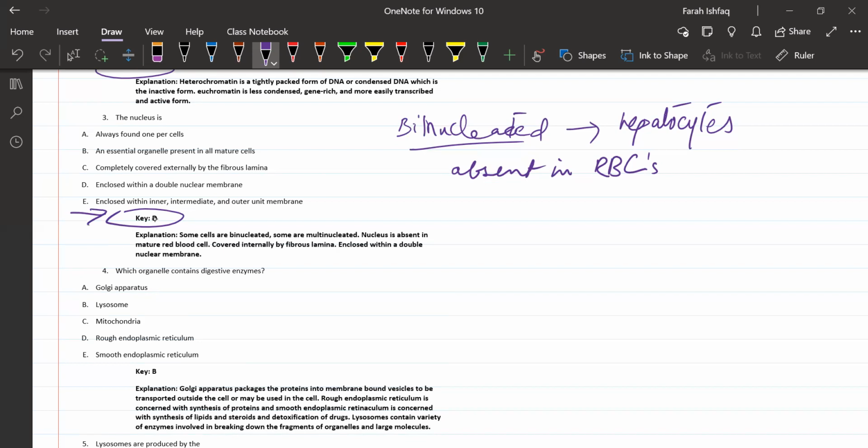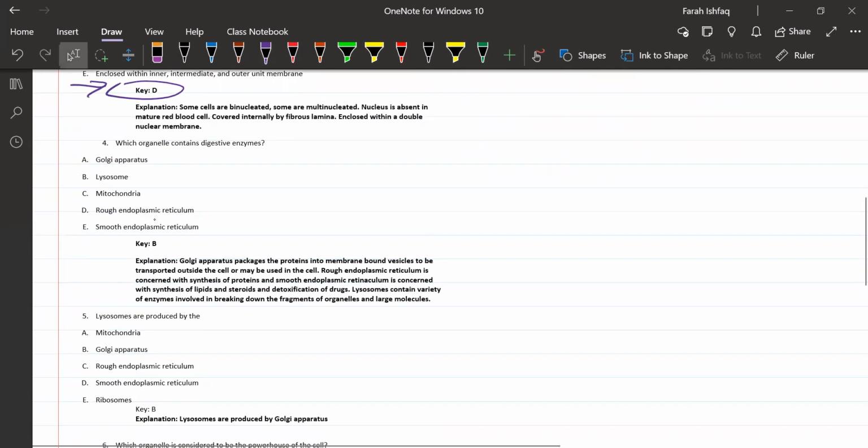Now, which of the following organelles contain digestive enzymes? Golgi apparatus, no, it is related to the packaging of the proteins into membrane-bound vesicles to be transported outside the cell or used in the cell.